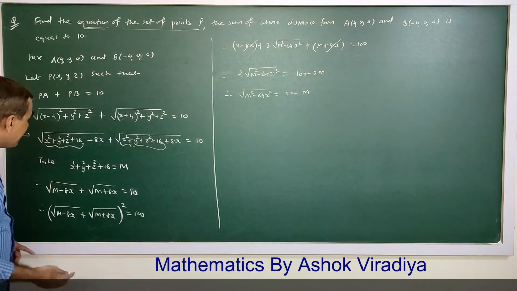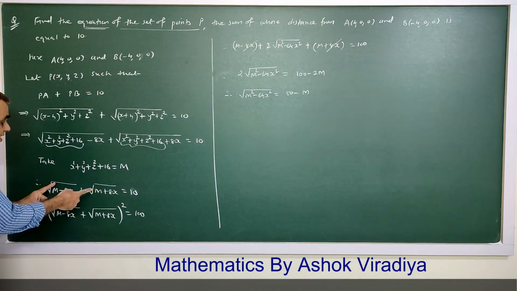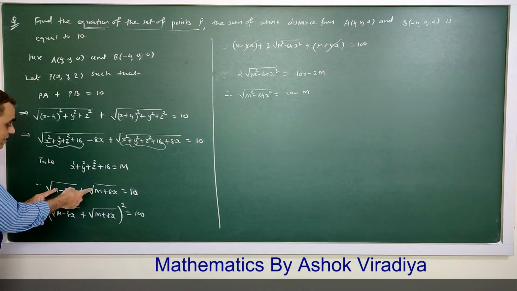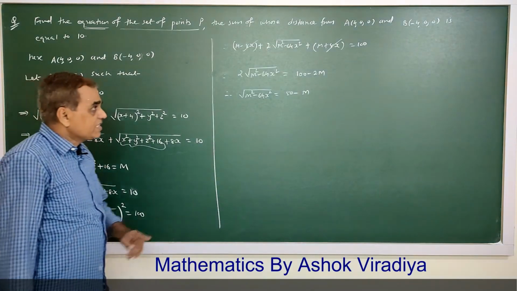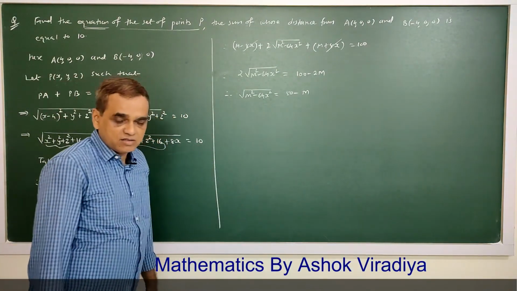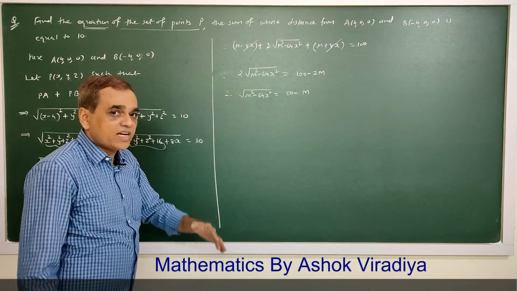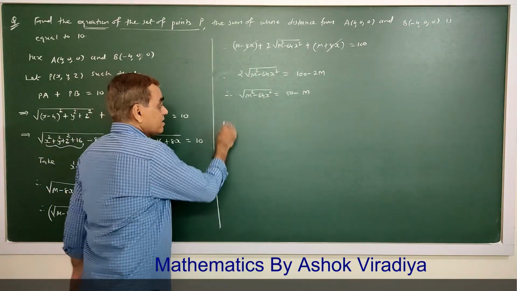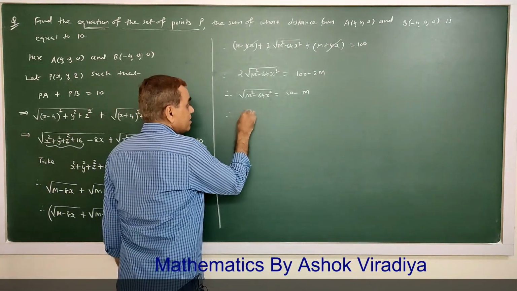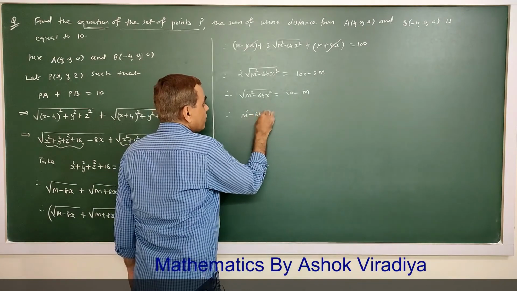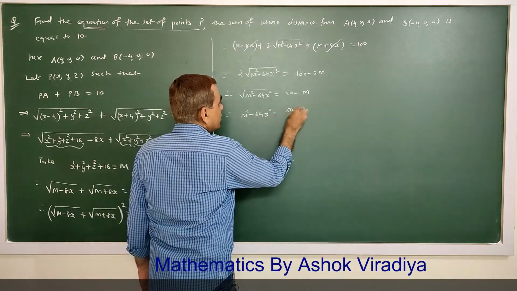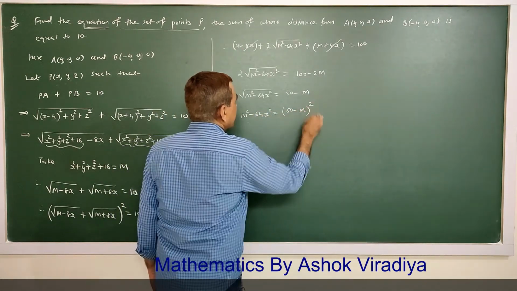In the beginning we had radical sign in 2 numbers. Taking square, now it is in single number. Now to remove this radical sign, once again we are squaring. So squaring both sides, m square minus 64x square is equal to 50 minus m whole square.